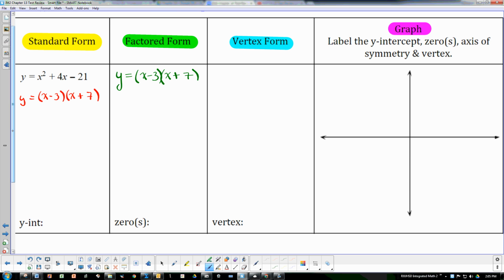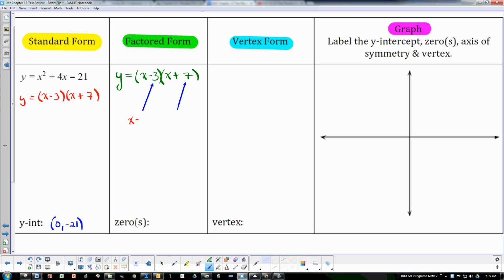Now down on the bottom, let's take a look at the y-intercept they want in this column. Well, the y-intercept is always your c value, negative 21. So we're going to write that as 0, comma, negative 21. Factored form, you'll notice here, let me get a little arrow going. These have a direct relationship to your zeros.